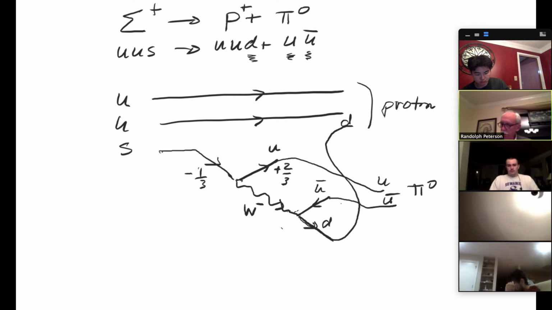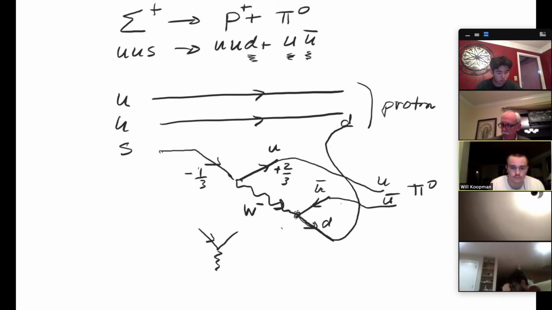So you can use any quarks you want as long as the charge is conserved and as long as you keep these arrows going in the direction they're supposed to belong. So like this.